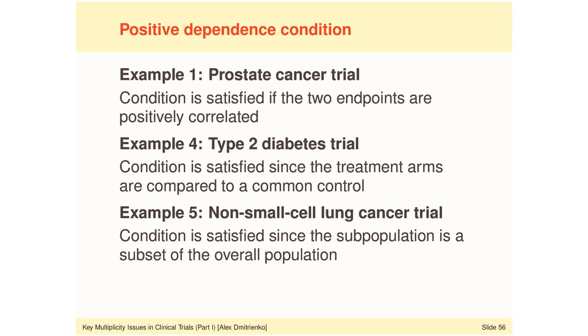And in example 5, the positive dependence condition is also satisfied because the subpopulation of interest in this non-small cell lung cancer trial is a subset of the overall population, which is something that again induces positive correlation between the associated test statistics.